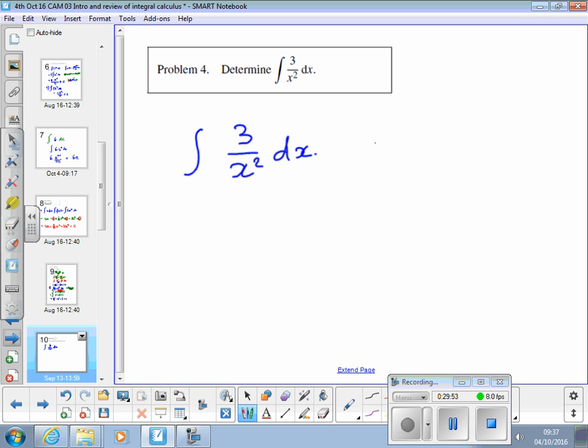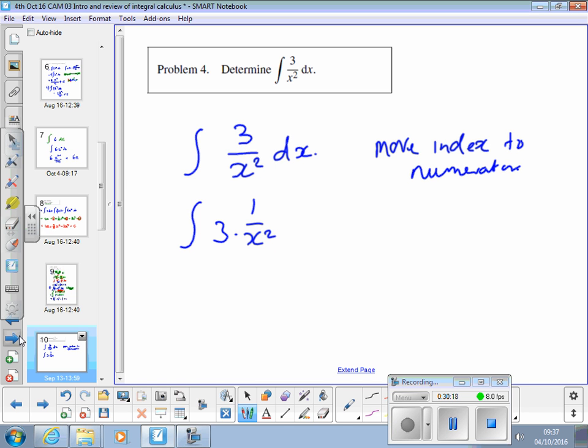Move the index to the numerator, because you could write that as the integral of 3 times 1 over x squared, and you'd have the same thing.